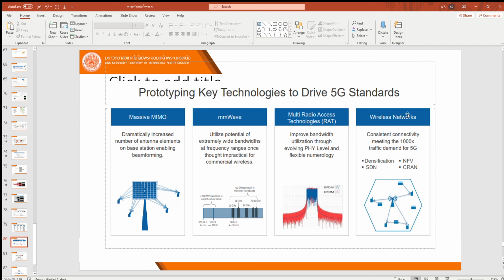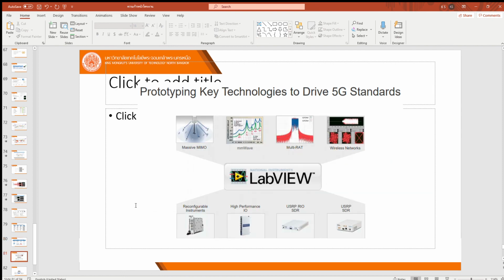And you need a wired network, many wired networks. And this is the key for the 5G standard: massive MIMO, mmWave, multi-RAT, wired networks, and many kinds of SDR. And then you can use LabVIEW to control everything.